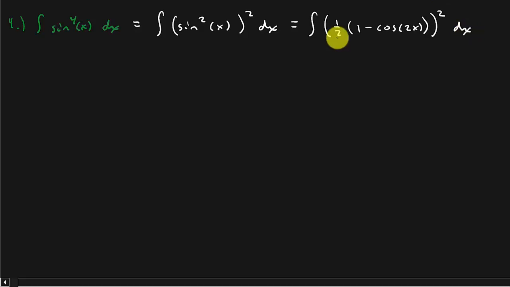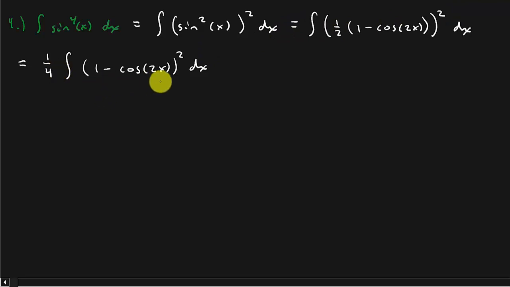And so this 1/2 here, I want to pull outside the integral. So that's going to be 1/4 integral of 1 minus cosine 2x squared dx. Where did the 1/4 come from? If you take the 1/2 and pull it out, remember that's 1/2 squared, which is 1/4. So the 1/4 comes out.